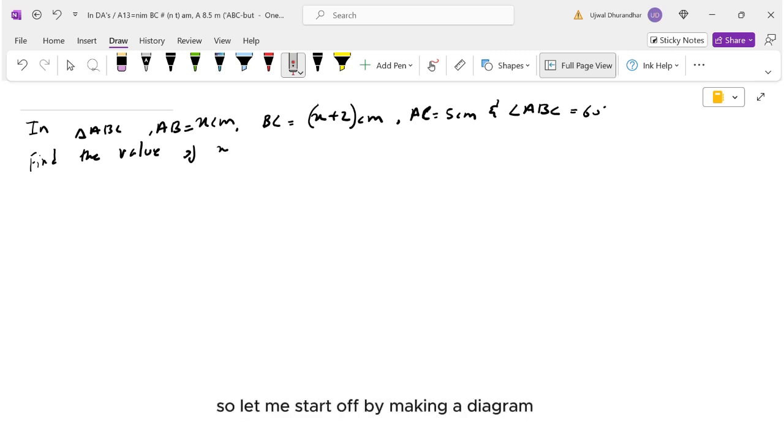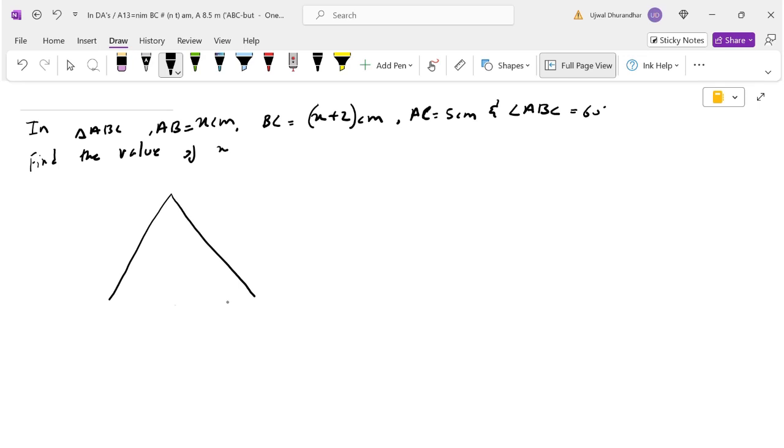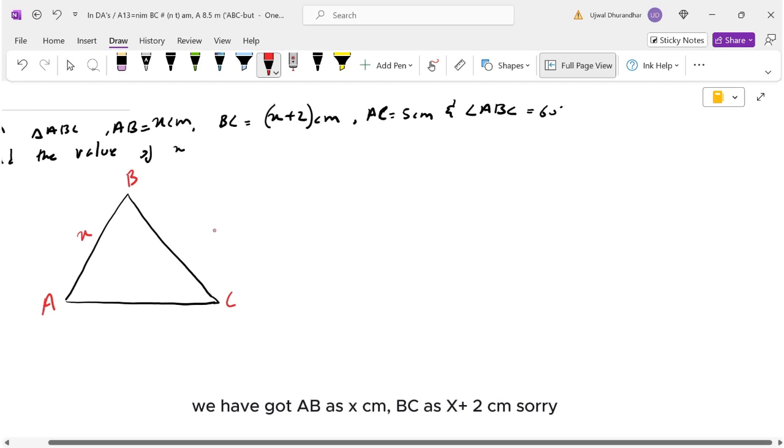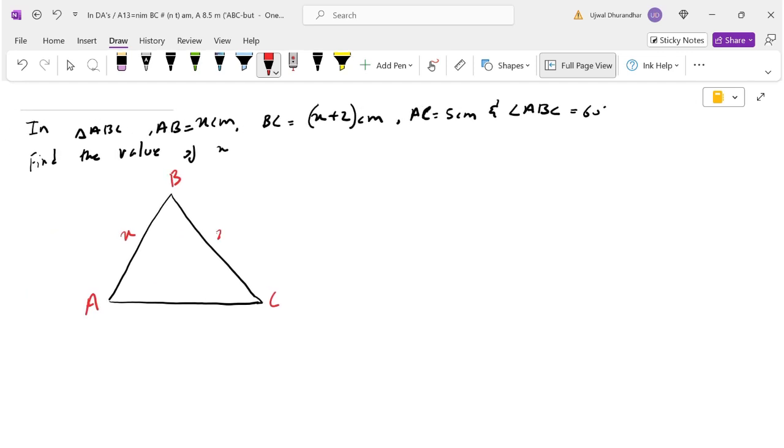So let me start by making the diagram. Okay, so I'm going to label my sides and angles. We have got AB as x centimeters, BC as x plus 2 centimeters, AC as 5 centimeters, and my angle ABC as 60 degrees.